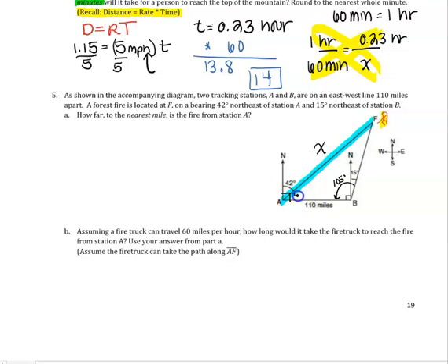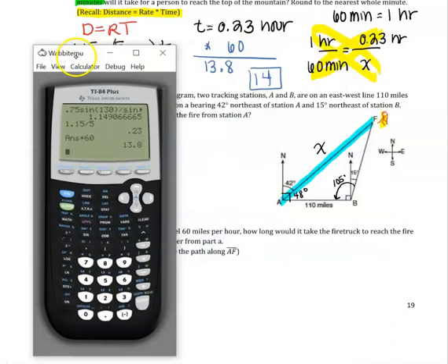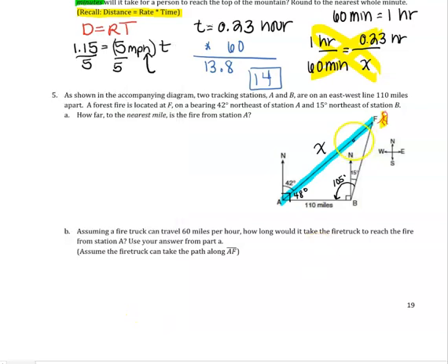So that means this must be 48 degrees, in order to make up the 90-degree angle. Now, in order to find my missing angle up here, again, I know there's 180 degrees in a triangle. So I can take away the 105 and I can take away the 48. And that missing angle at the top is 27 degrees.